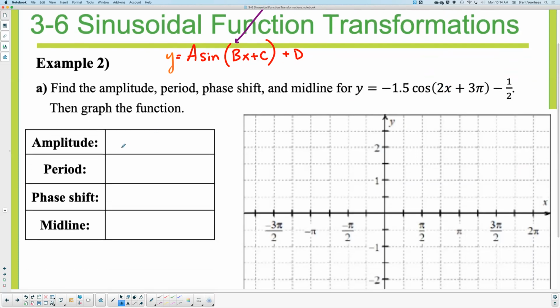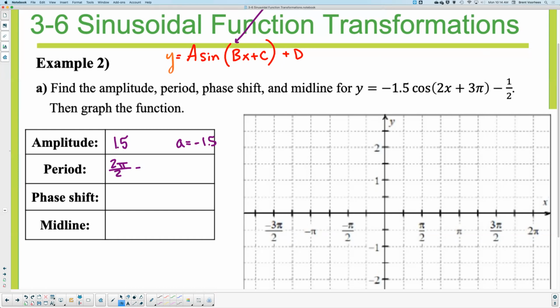What would you say the amplitude is? 1.5. Because A is negative 1.5, our amplitude is positive 1.5. Okay, the period. What is our B value? 2. So we're going to take 2 pi and divide that by 2.